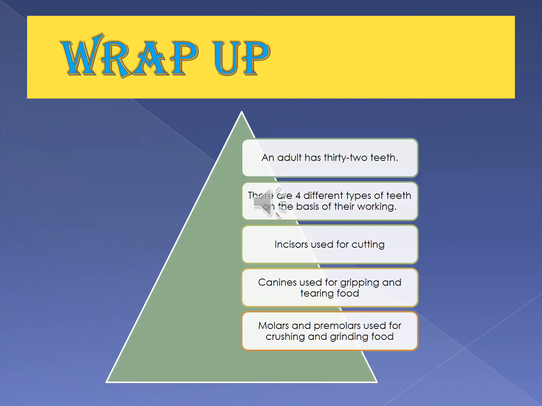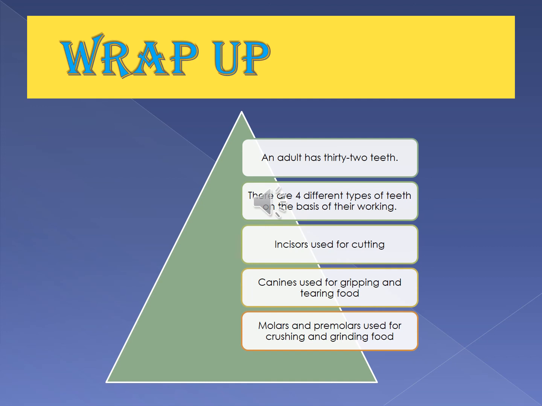So guys, let's have a look at the key points of the lesson. There are 32 teeth in a full set of adult teeth. The second thing you learned is that there are different types of teeth on the basis of their working or functions.